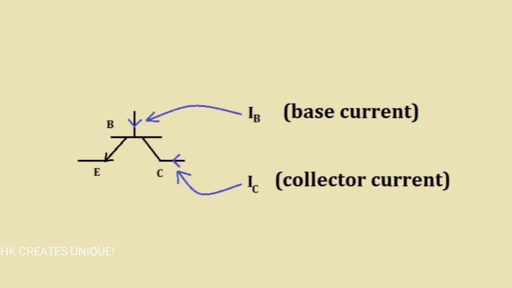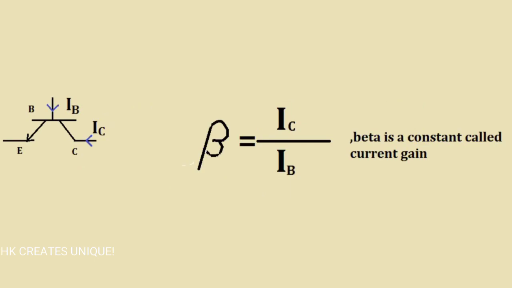For this, we first need to know about transistor currents. Current flowing towards base is called base current, and current flowing towards collector is called collector current. Now take a look at this formula.